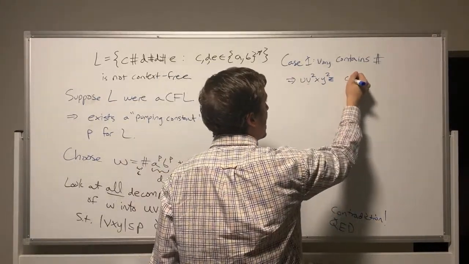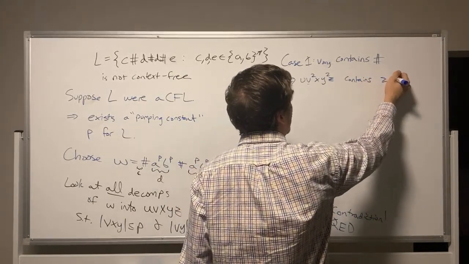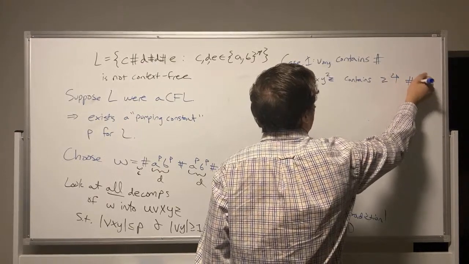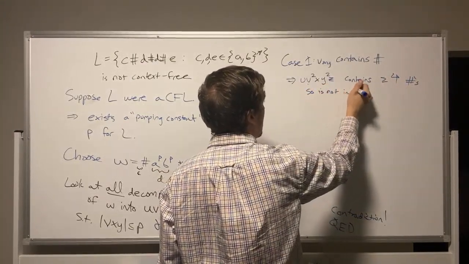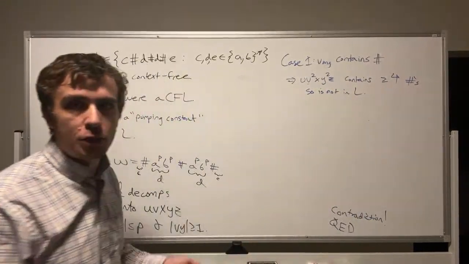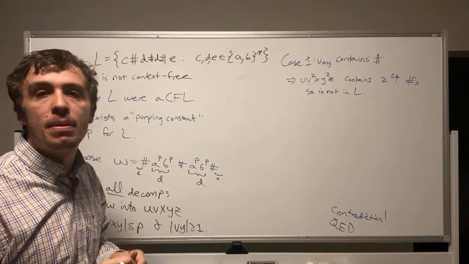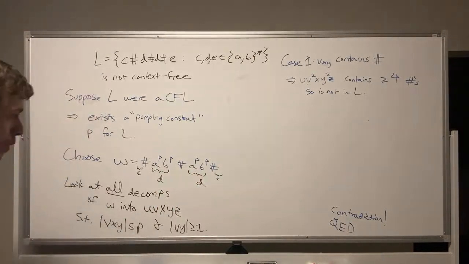So this contains at least, actually you can say exactly, but it contains at least 4 pound signs, so it is not in the language. And so if we have a decomposition of that type, we can pump out of the language pretty easily, which is nice.